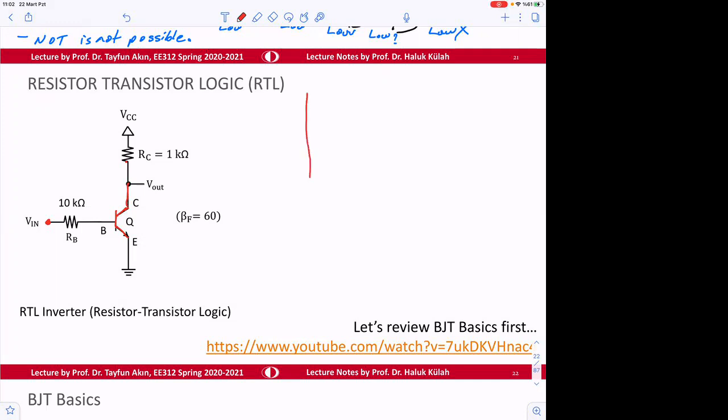We said that the response is going to be like this, and then maybe up to 0.7, this is going to be like that, and this is going to be VCC initially, and then this will drop until the transistor saturates, and then this is going to be saturating at 0.2 volts, right? And this value we need to find. So this is the V in, V out graph.